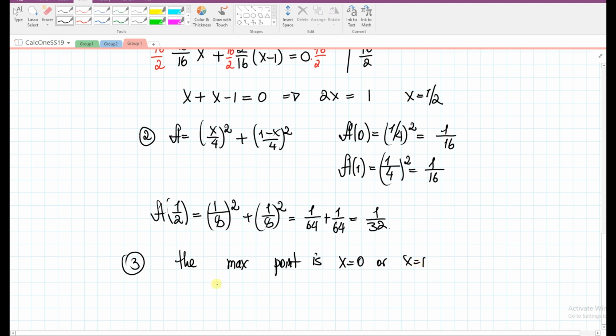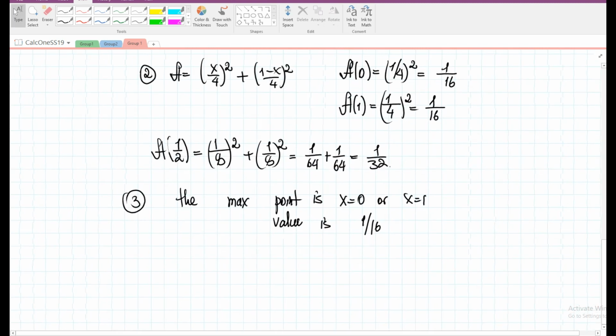And the maximum value is 1 over 16, right? So the minimum point is x equal to 1 over 2, and the value is 1 over 32, okay?